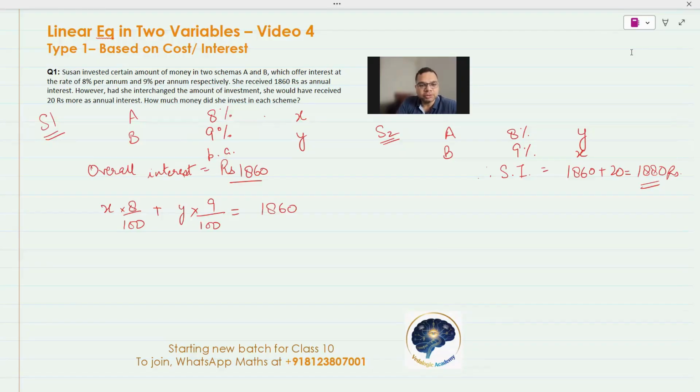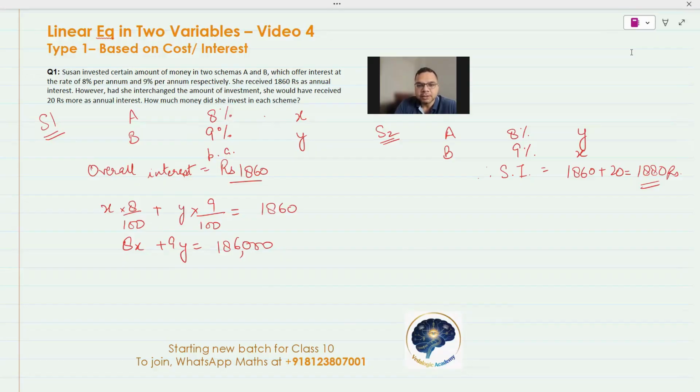So it becomes 8x plus 9y equals 1860, and both of them have 100 in the denominator. So I'm going to take it to the right hand side. Since it was dividing, it will become multiplication, so 186,000. I have just made a small change: the 100 that was in the denominator has been moved to the numerator on the right hand side.